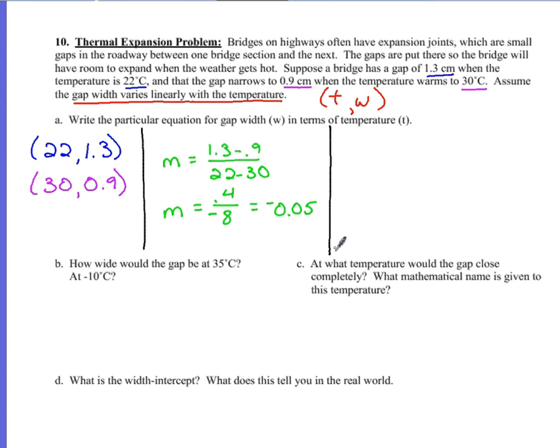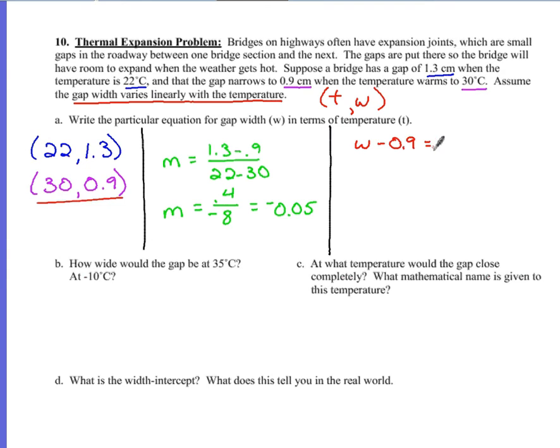Once we have our slope, we can set up our linear equation for this situation. If I use point-slope form, I'm going to take y minus, in this case W minus, to be consistent with my variables. W minus, select one of the two points to work with, it doesn't matter. I'm going to select the second one: W minus 0.9.